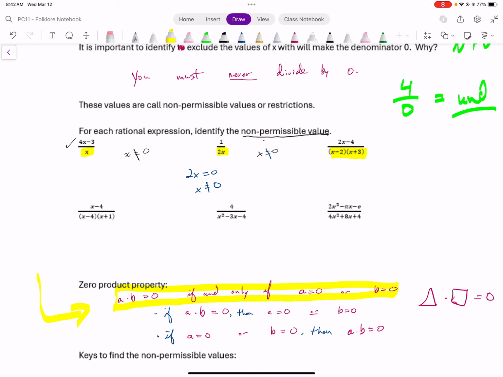So if you know that one factor is equal to 0, that means that the product is going to be equal to 0. So if A times B is equal to 0, if you know the product is equal to 0, then you know one of the factors has to be equal to 0. And if one of the factors, A or B, is equal to 0, then the product is equal to 0. So this is called the zero product property.